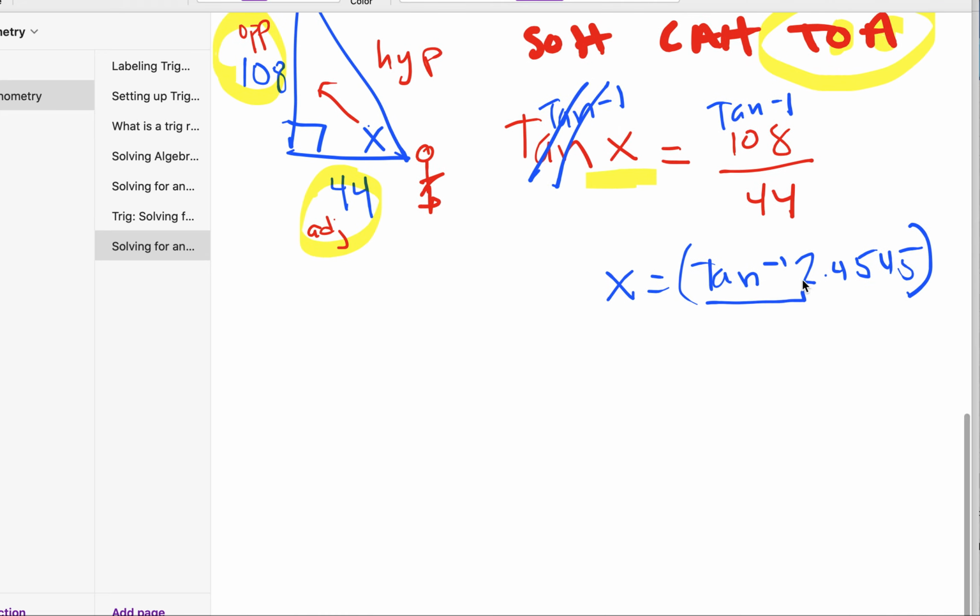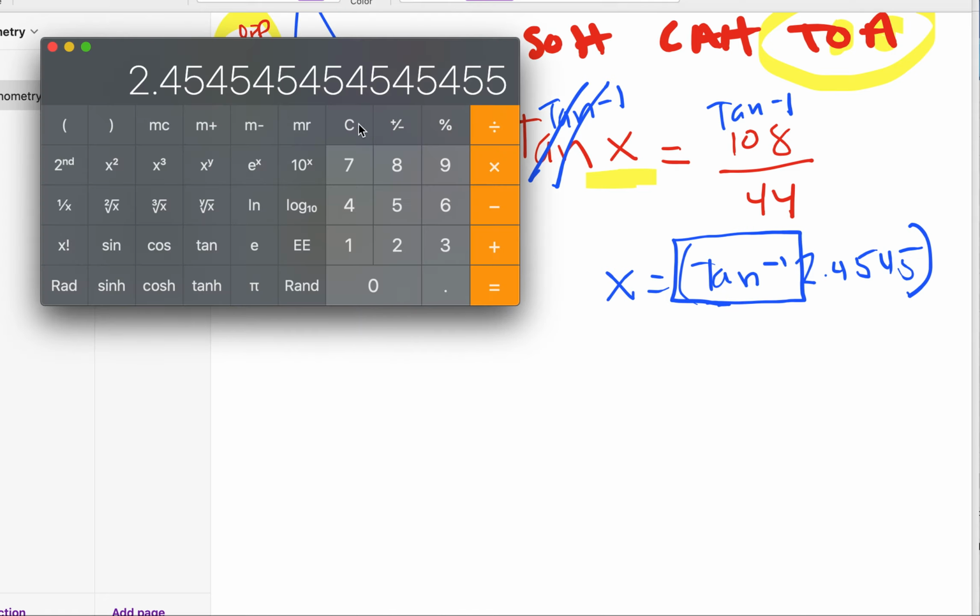And we're going to use the tangent -1 button, the inverse tangent. So when I take my calculator, I'm going to divide 108 by 44. I'm going to push the second button until I see the inverse, or the -1 tangent. And I'm going to push it. I'll get 67.8.